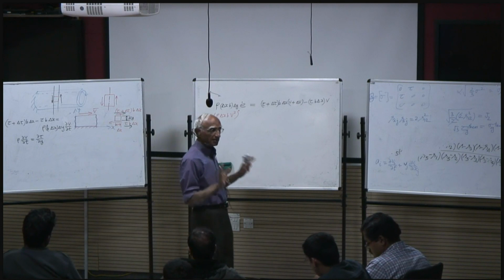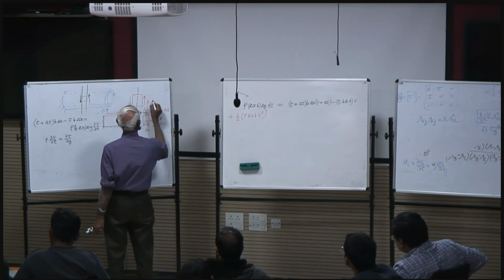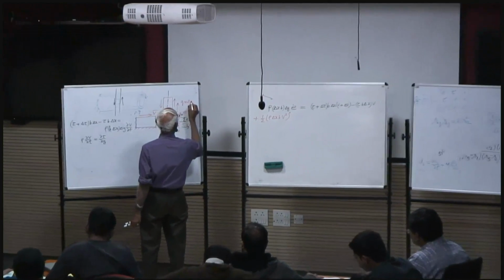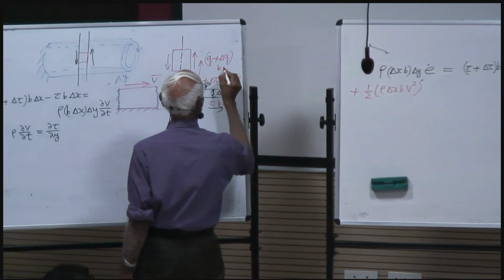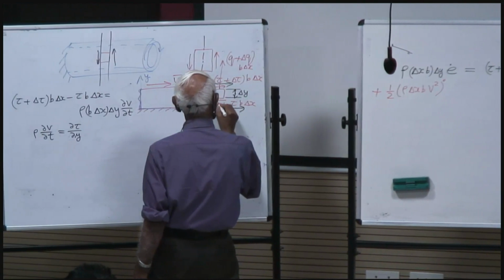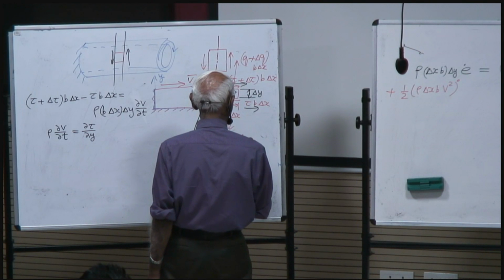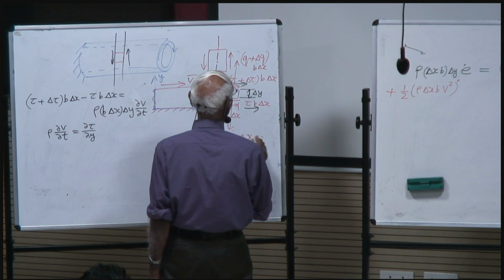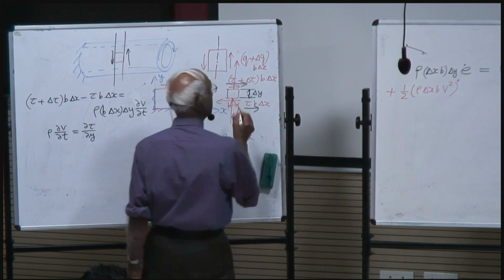Conduction. So what is happening is this one is giving heat going out, maybe delta Q times area, so it's b delta x. And here we have again Q, b delta x. On one side it's coming in and on the other going out.